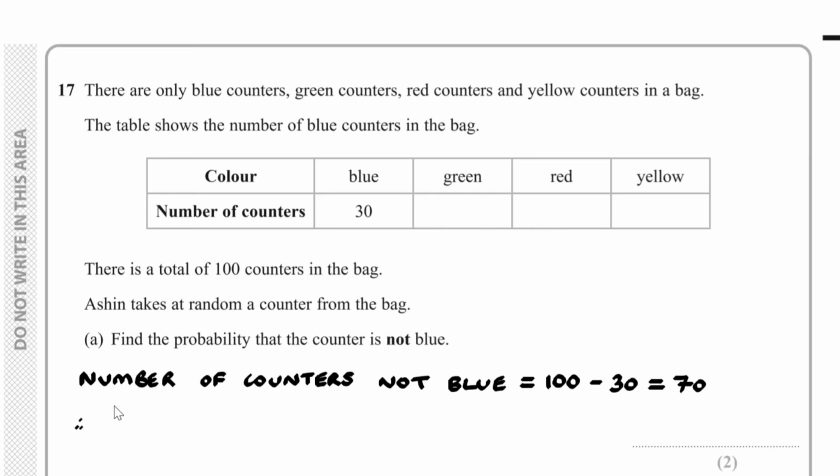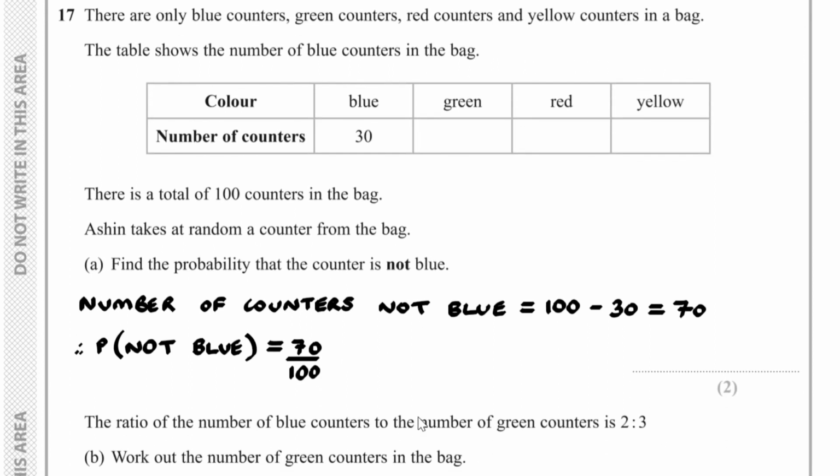And so therefore, the probability that the counter is not blue is equal to, well, out of 100, 70 of them are not blue. And this can be simplified to 7/10.